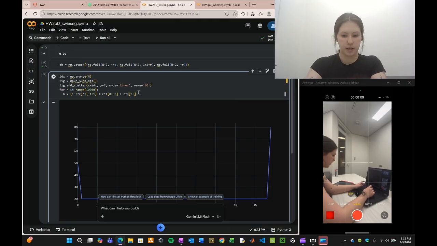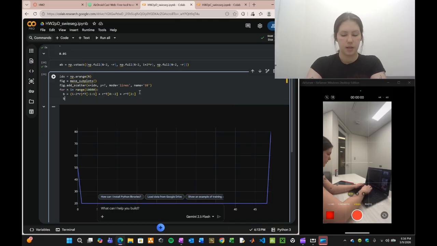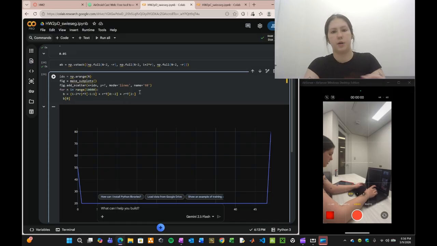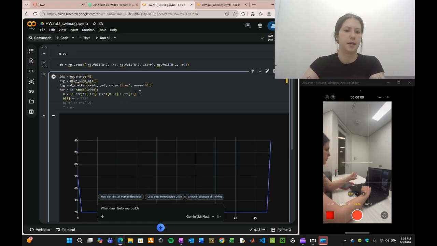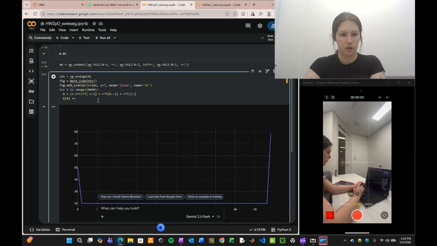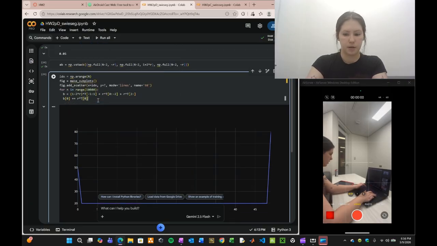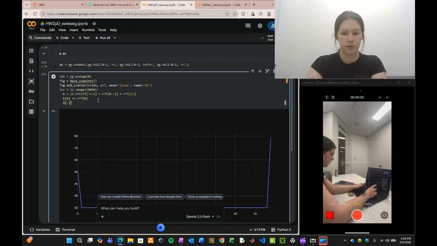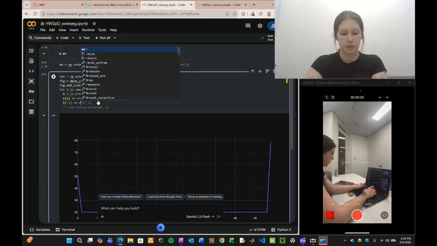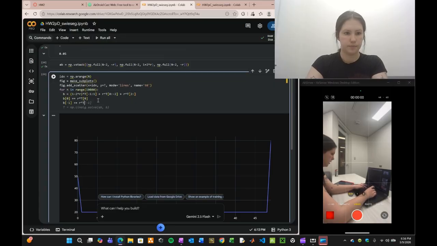And we have to define this at 0, so it'd be plus, because we're adding, and we don't want to just override that initial value. And it'll be r times t at 0 as well. And then we'll define this last one, b of the last value is equal to r times t negative 1.